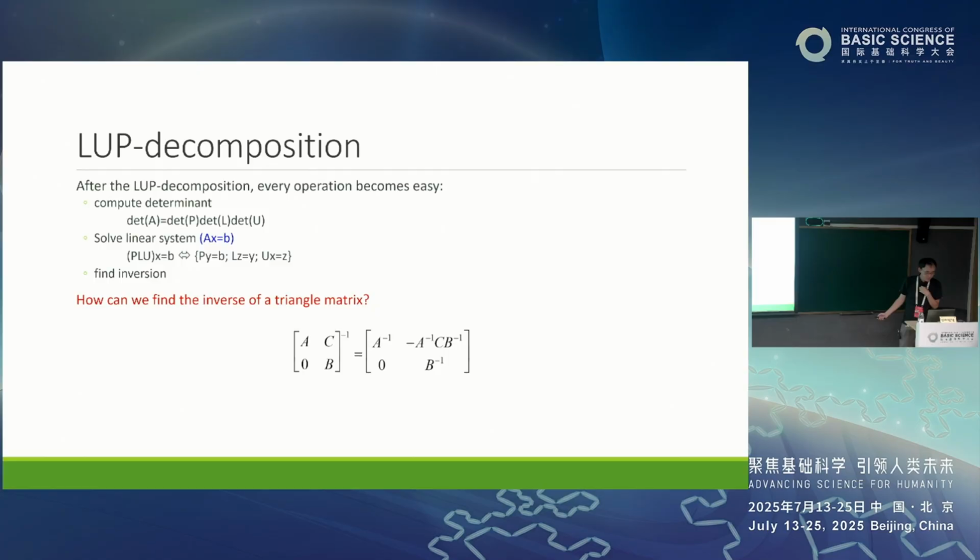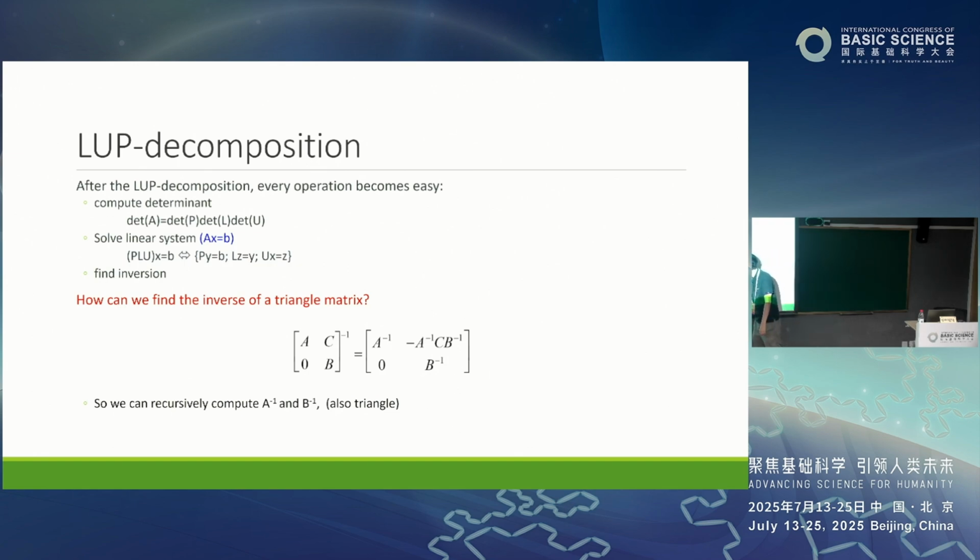Also, finding the inverse of a triangle matrix takes n to the omega time. If this is an upper triangle matrix, the inverse is equal to this.